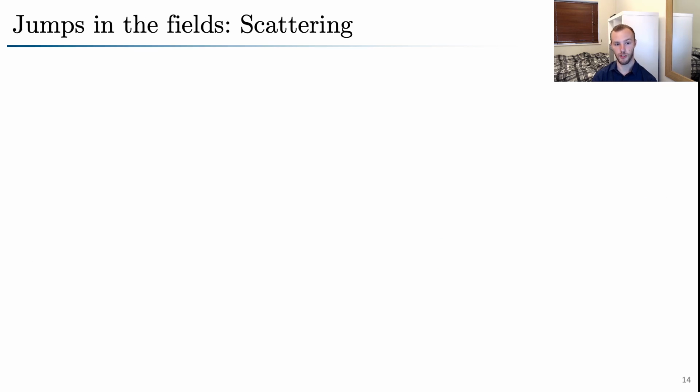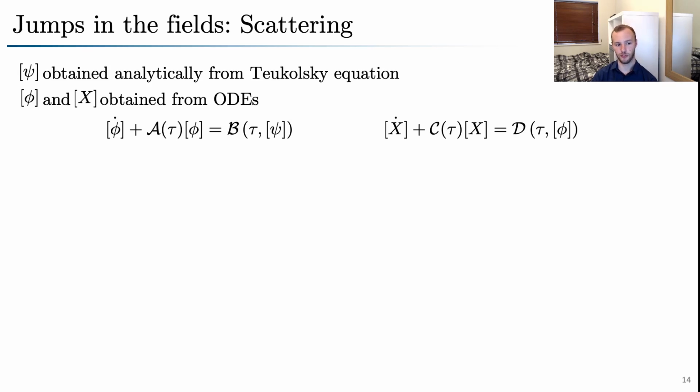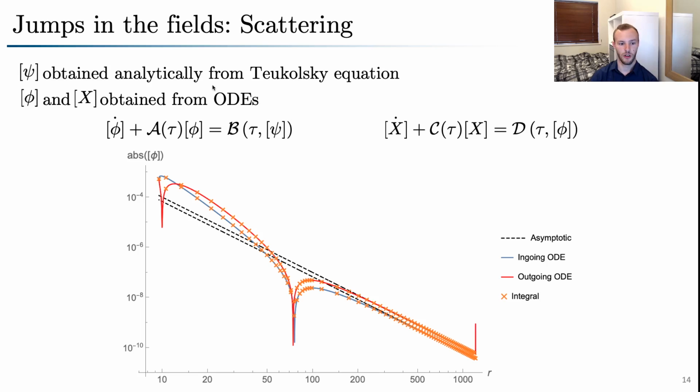So now let's talk about jumps in the field. They are defined the same as before, so the Weyl scalar again can be obtained analytically from the Teukolsky equation, but the jumps in phi and the Regge-Wheeler variable must be obtained from ODEs, given here, and this can be done in several ways, as we can't do them analytically. We can do them analytically, however, for the large r limit, so we've got the asymptotic solution here.